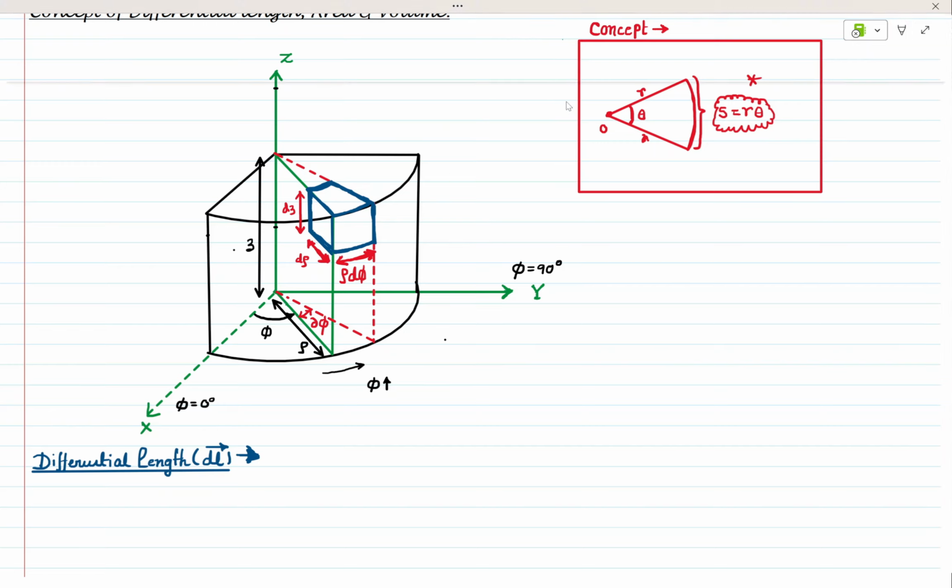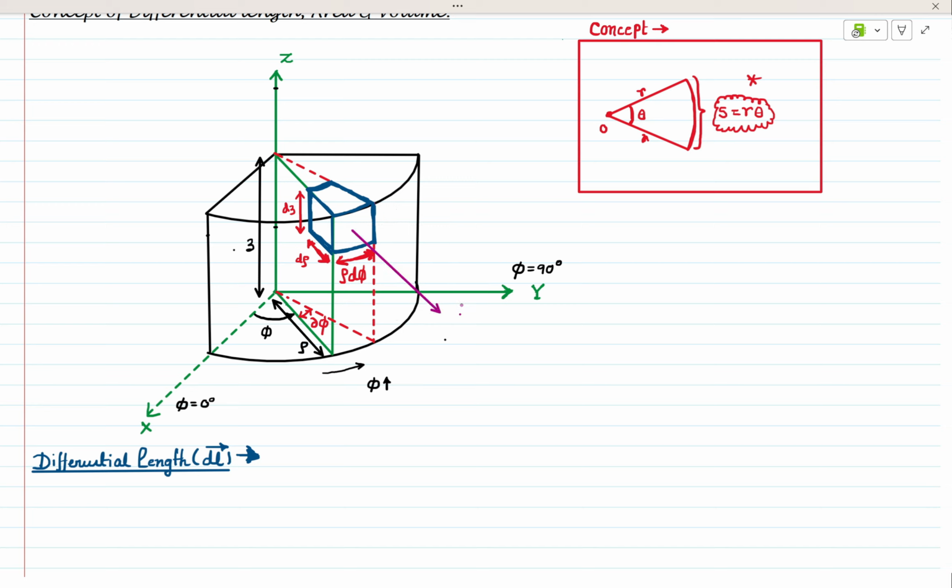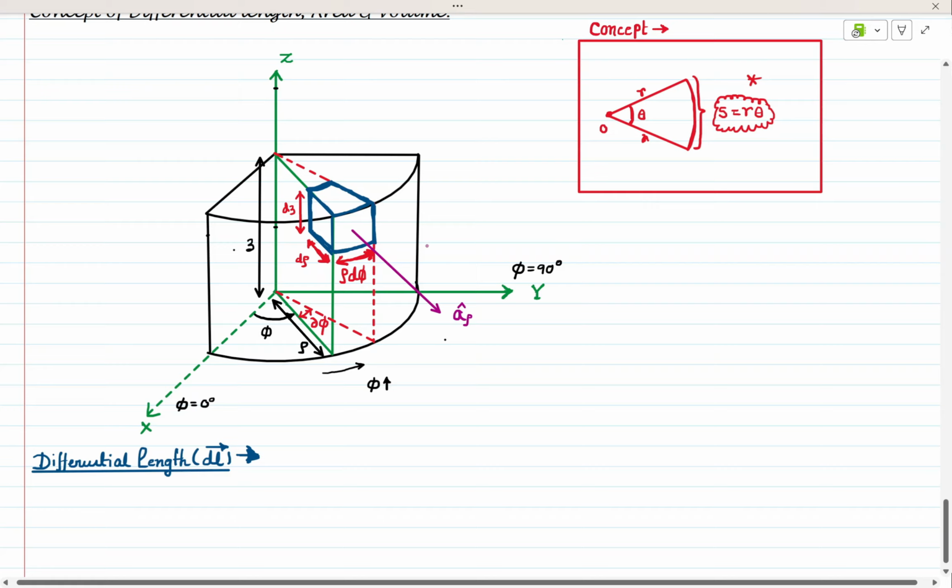I have already discussed it in my last video. This is the same direction as rho, so it can be given as the arrow or the direction of rho. Three directions are there: rho, phi and z. So this is the direction of rho.